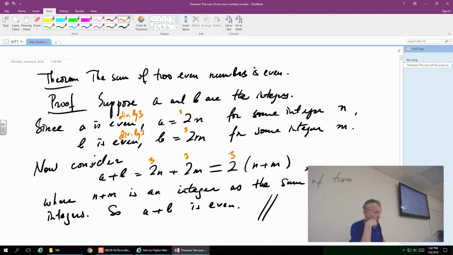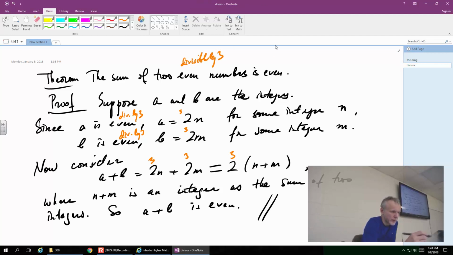So what's the conclusion? The sum of two multiples of 3 would be... That's right. The sum of two numbers divisible by 3 is divisible by 3.